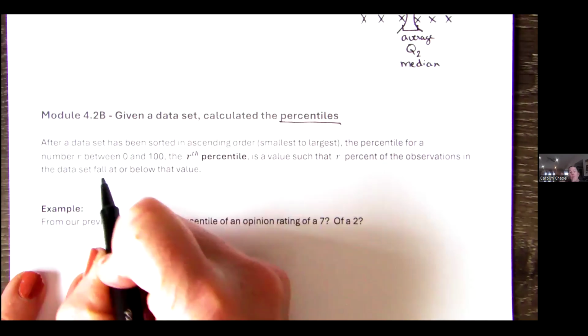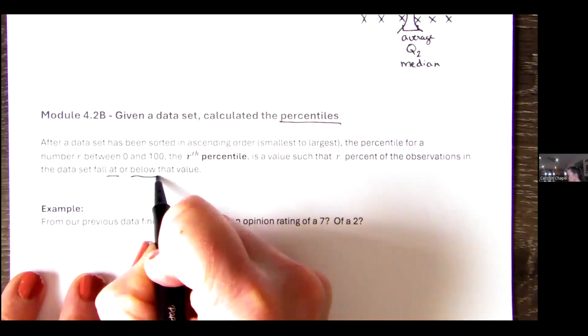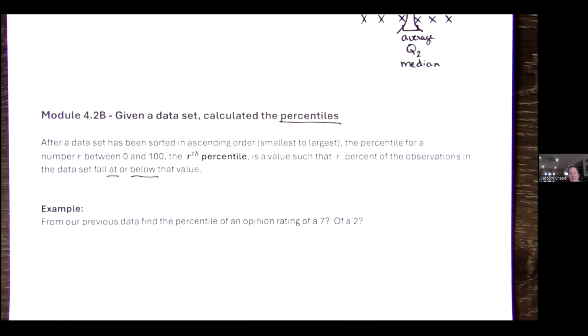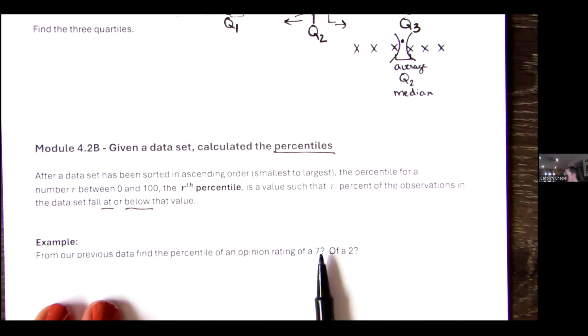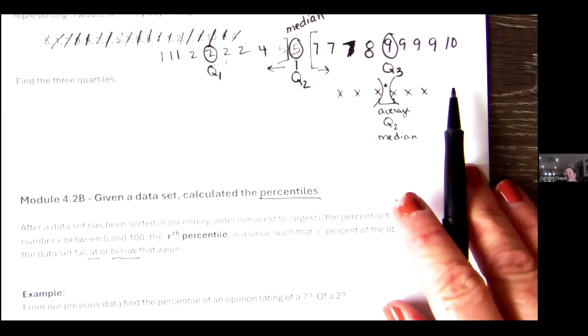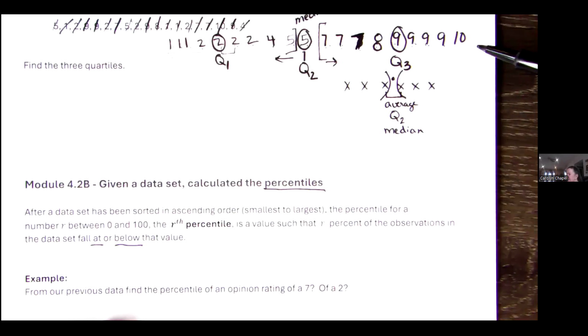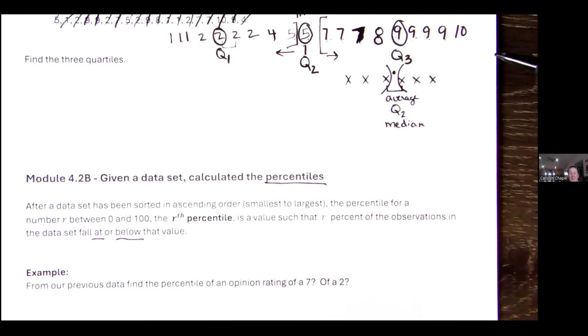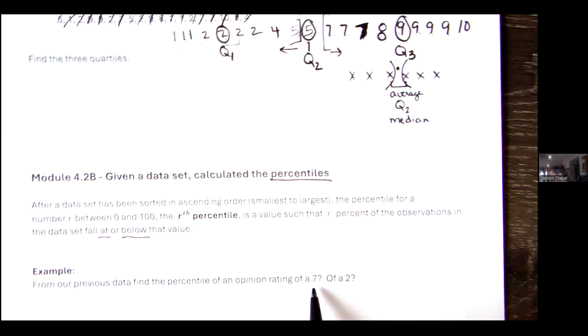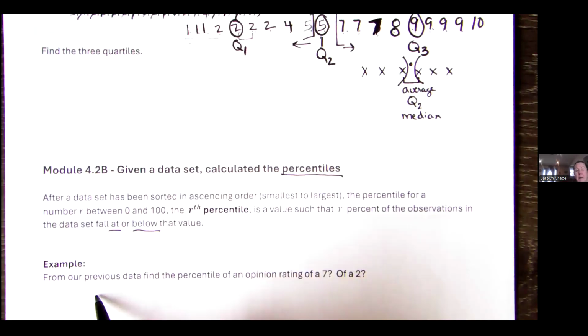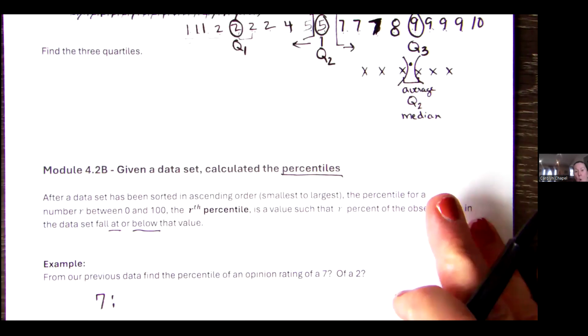So if I'm thinking of finding the percentile, if I'm looking at my data here, granted, when we have small data sets, it's a little bit skewed. These answers aren't really great answers, but we're going to talk about the percentile rating of a 7. That means we have to figure out how many people would rate it at a 7 or lower.